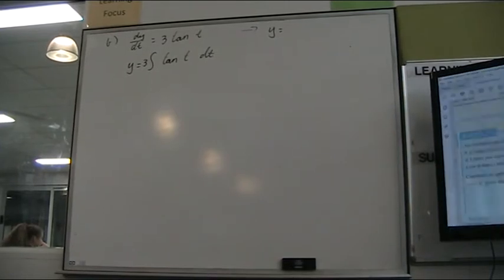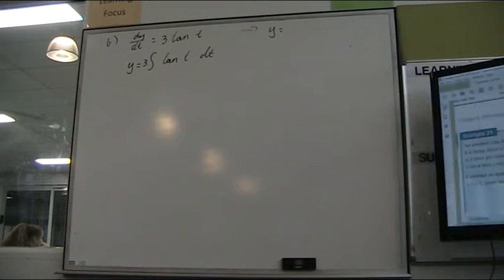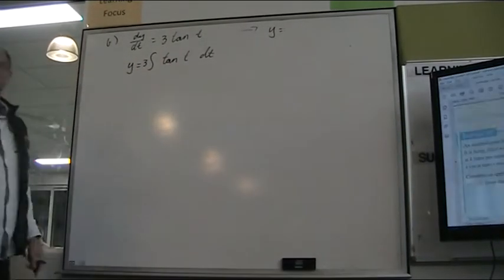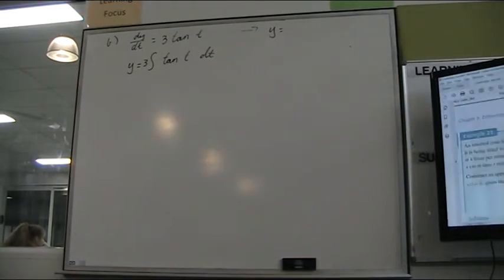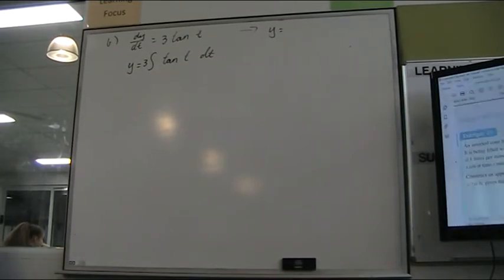So tan, we've got to anti-differentiate it. Any thoughts? Tan's an interesting one because it's not on the formula sheet. But what do we know about tan?